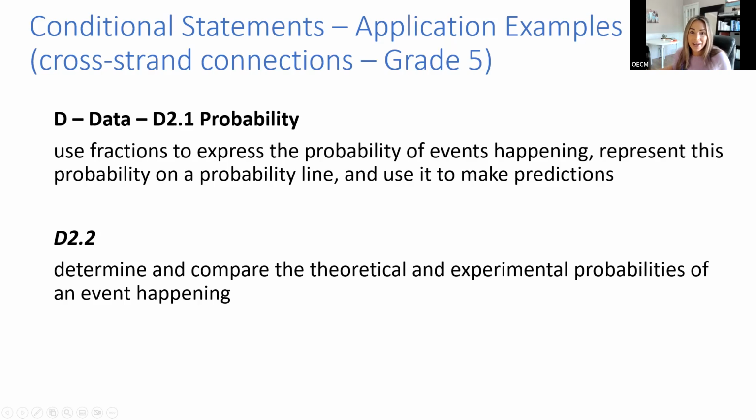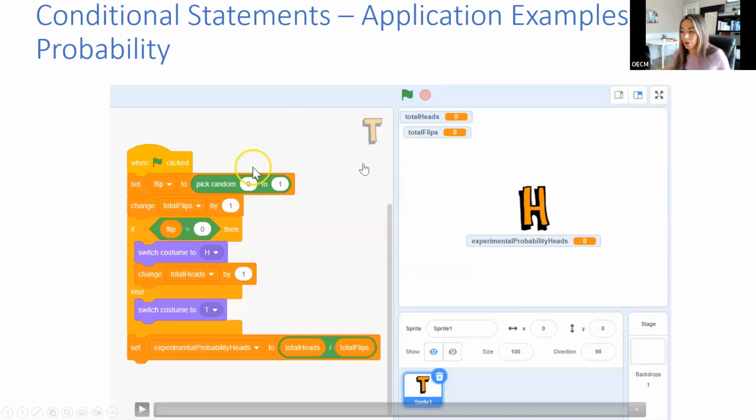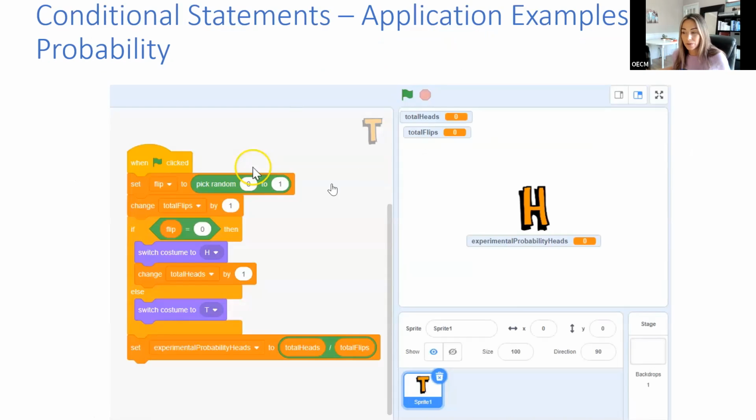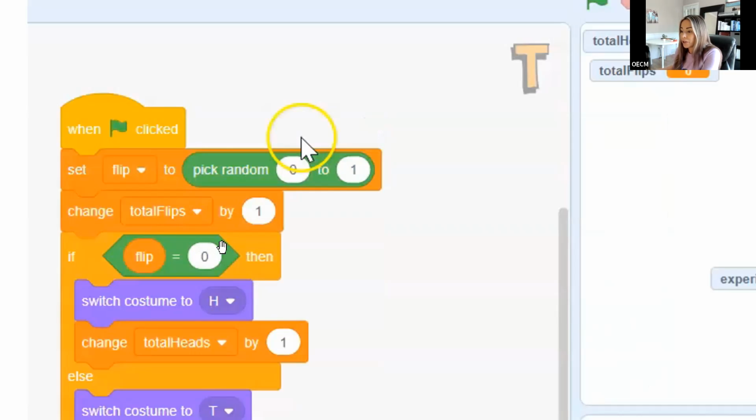So we can actually go ahead and do this through code. This example is an application I created where it's flipping a coin and it's going to do heads or tails, but I've also incorporated the experimental probability. So you can see that I keep track of the number of heads, keep track of the total flips with a variable, total flips.